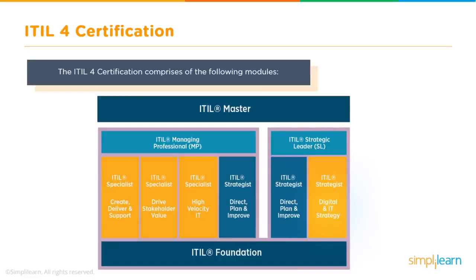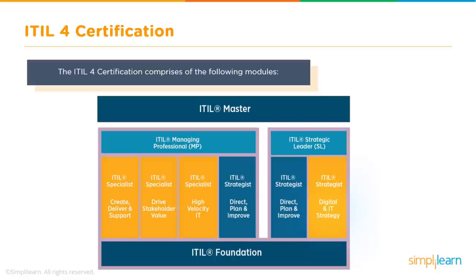There are 3 types of modules in ITIL specialist certification and 2 modules in ITIL strategist. So create, deliver and support, drive stakeholder value, and high velocity IT are the 3 ITIL specialist modules, whereas direct, plan and improve, and digital and IT strategy are the 2 strategist modules.